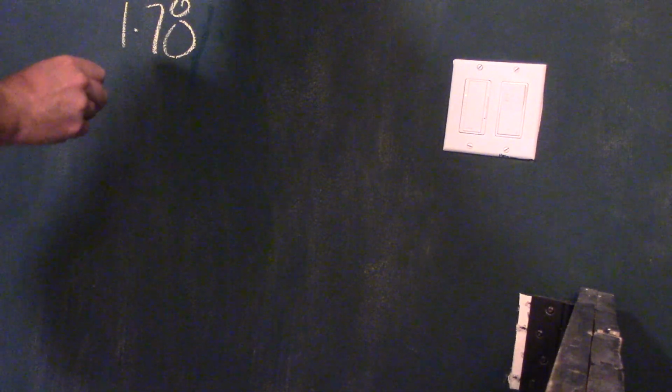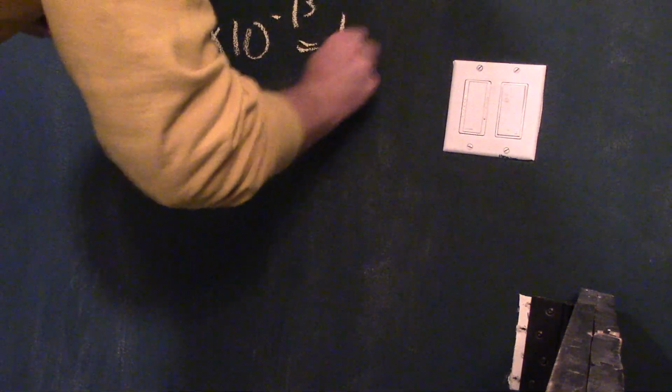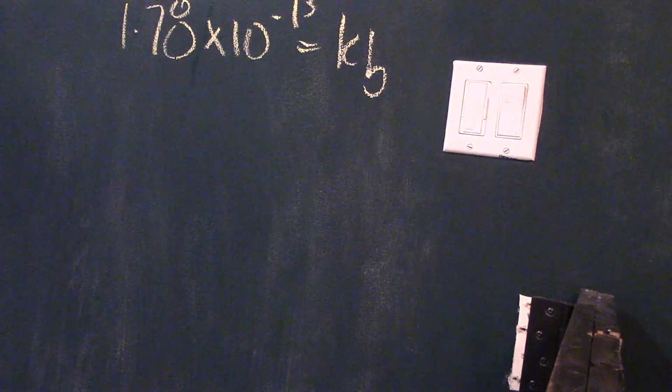Okay, so when we solve for the Kb, it's 1.0 times 10 to the negative 14th divided by 5.6 times 10 to the negative 2. So I'm going to end up with a Kb value of 1.78 times 10 to the negative 13, and that equals my Kb.